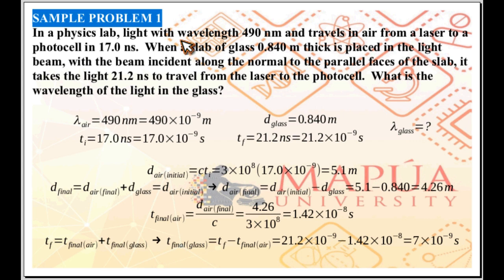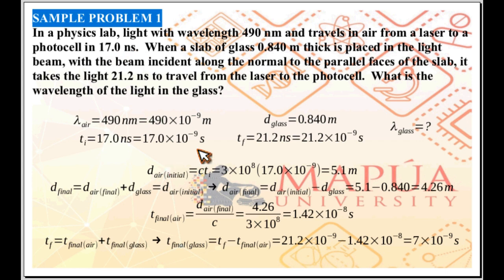Initially, the light simply travels in air, traveling a distance that will take it 17.0 nanoseconds. So the distance between the laser and the photocell is such that it will take 17.0 nanoseconds to travel.